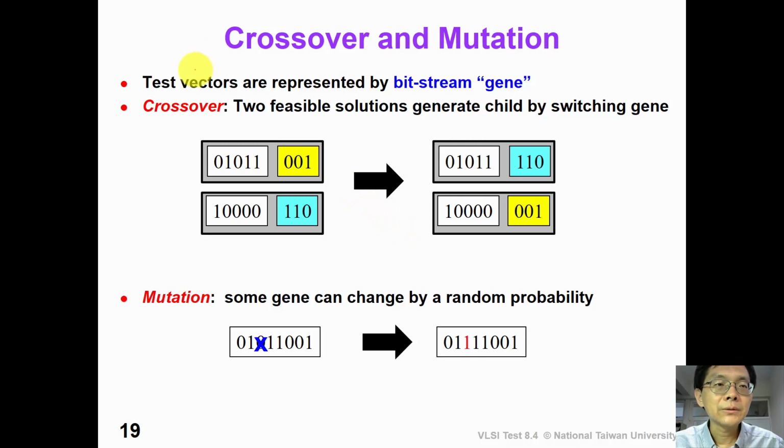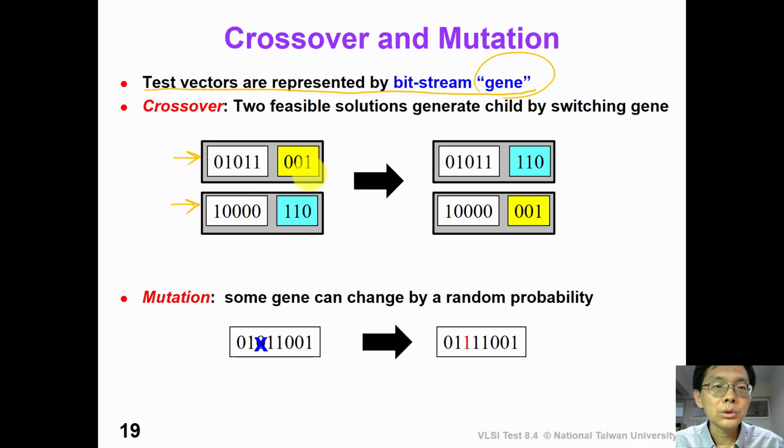For test vector generation, we can represent our test vector by bit streams. This is similar to a gene. For example, this is test vector 1 and this is test vector 2.